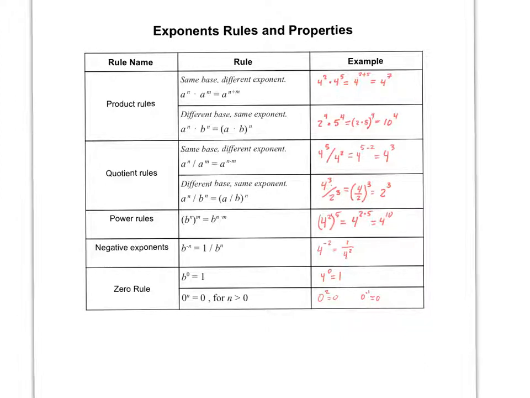And then you're going to use a different highlighter to highlight different base, same exponent, different base, same exponent. Now in your notebook, you're going to write practice problems and you are going to put today's date. You are going to be working on 5 problems and then you will be checking the answers.